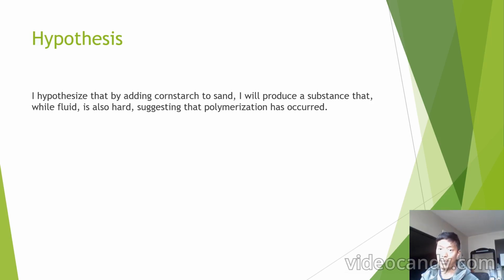The main objective of this experiment is to show some of the unique characteristics of polymers through the creation of kinetic sand. I will describe my experiment in my next video. Thank you. Okay, let's begin the experiment.